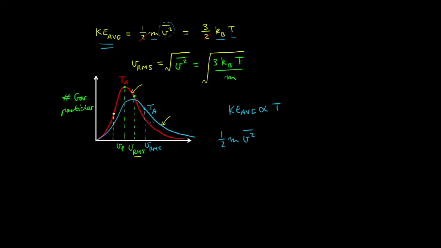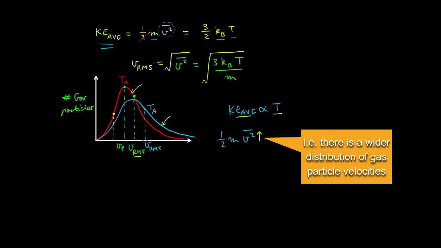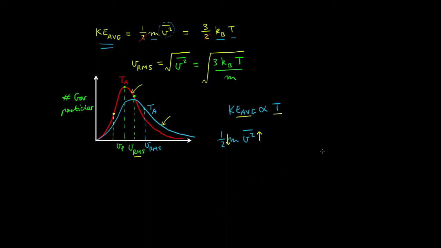And why is that? Because the temperatures are the same, the average kinetic energy of both gases is the same, and therefore if the mean square velocity is higher, which is the case for the blue gas, then the mass of the gas particles for the blue gas must be lower. So really have a think about that, and I'll see you in the next video.